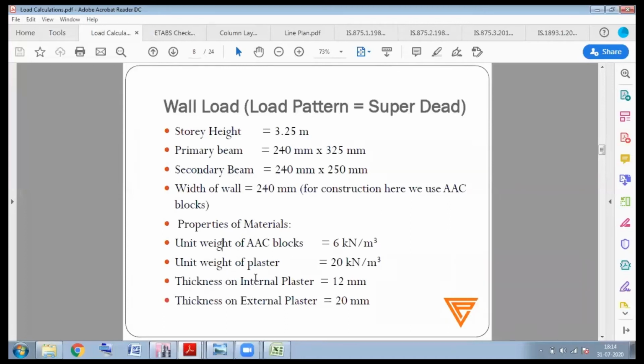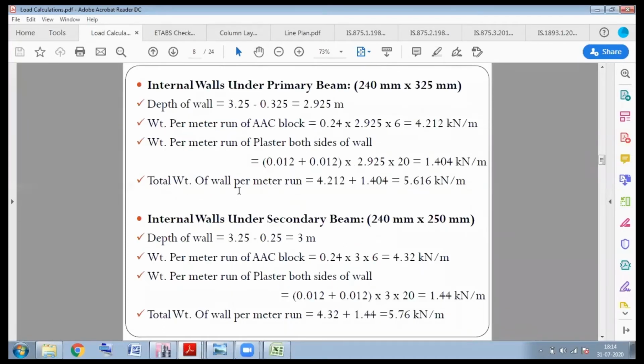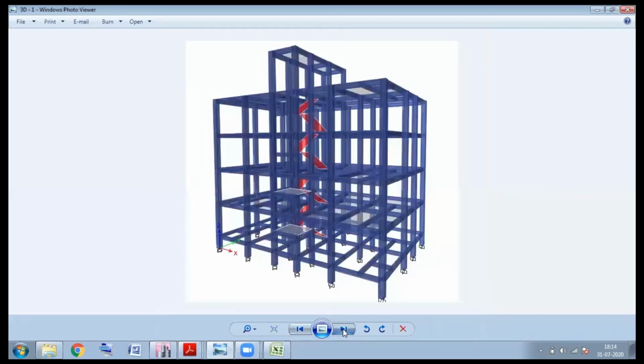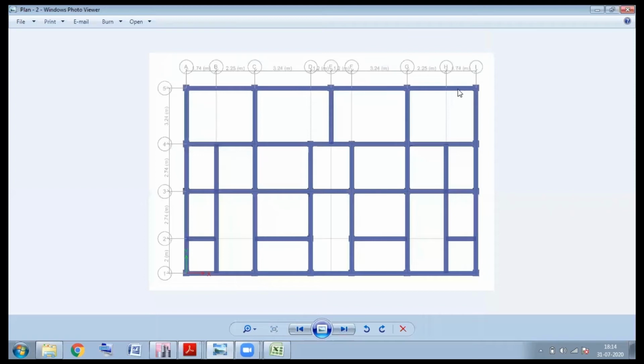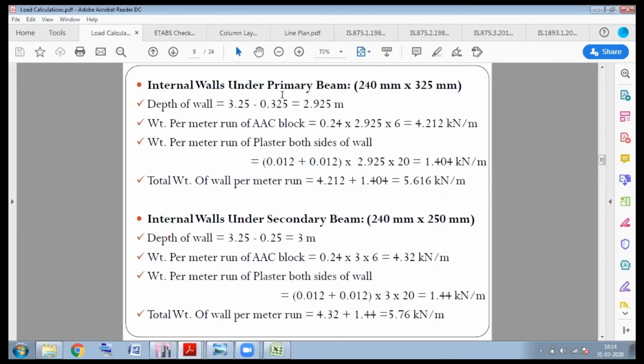Now we are going to calculate the internal wall loads. I categorize the internal walls and the external walls, because as per our plan, the boundary walls are the external walls, and other than the boundary walls is considered as internal walls.